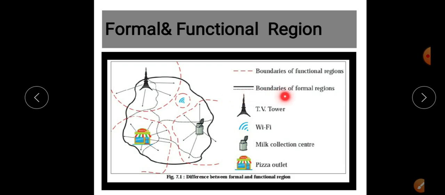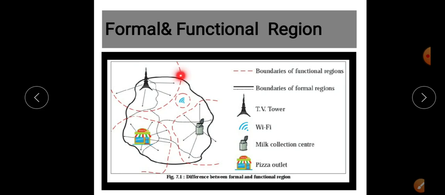The black dark boundary shows the formal region. Here is a TV tower, Wi-Fi, milk collection center and pizza outlet. Now you can observe this black line. The area of this black line is larger compared to these several functional regions.